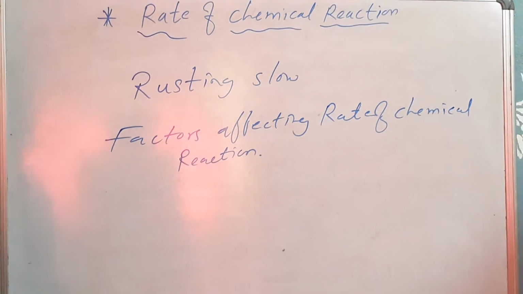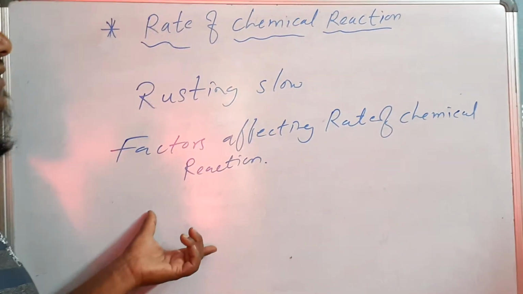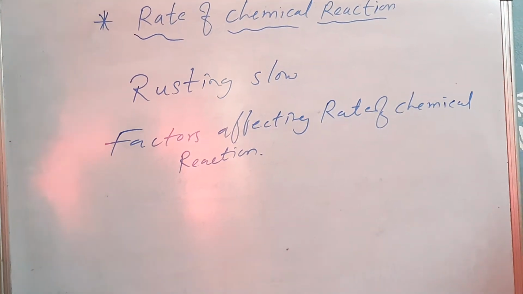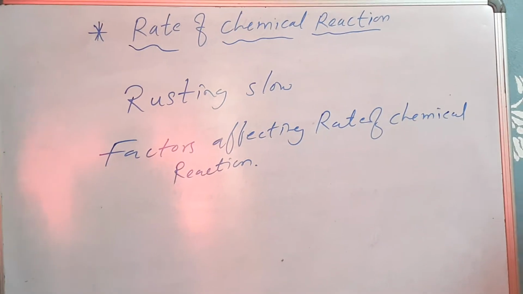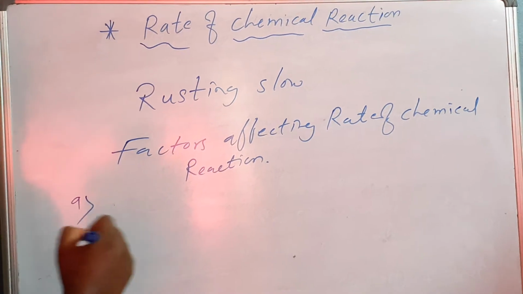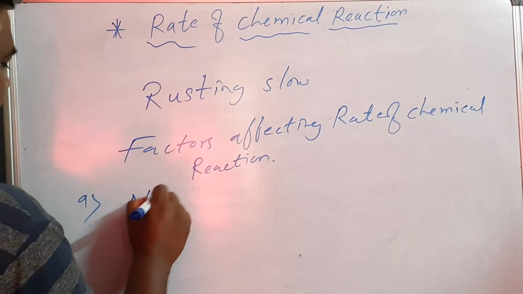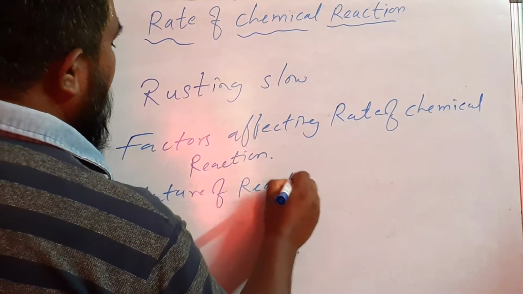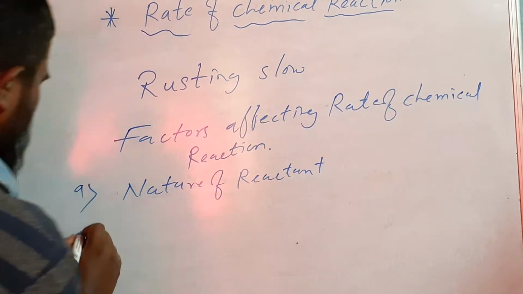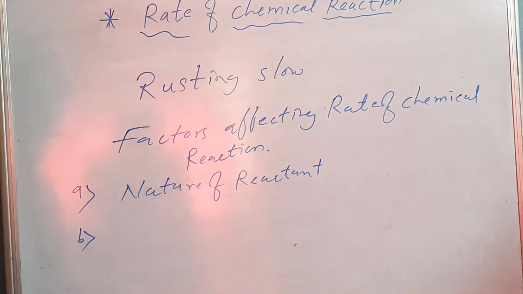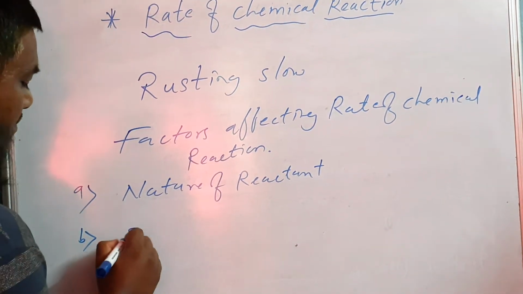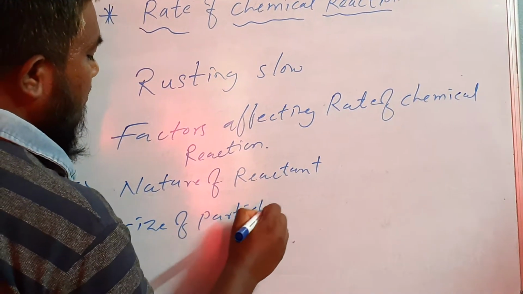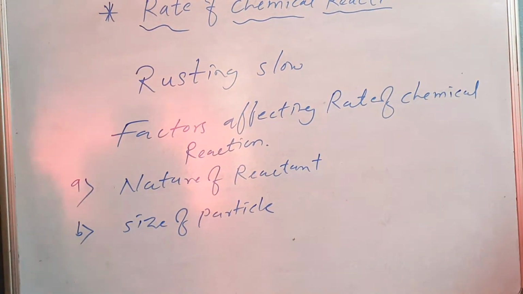Factors means such things which affect the rate of chemical reaction, in which we have to discuss 5 sub-points. First one is what? Nature of reactants. Second one is what? Size of particles of reactants.